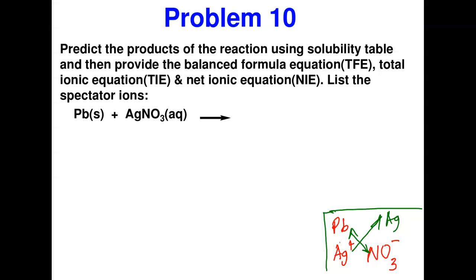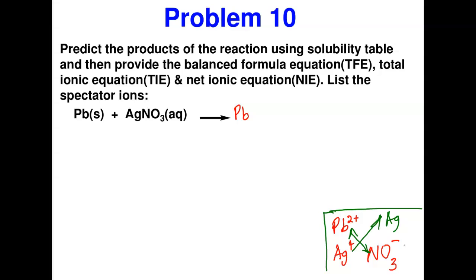If lead goes to this guy, lead is 2 plus, of course, because the commonly existing one is usually 2 plus. So we're going to make this lead 2. Lead is going to join this guy, so it's going to be lead 2 plus, and this is lead 2 plus.